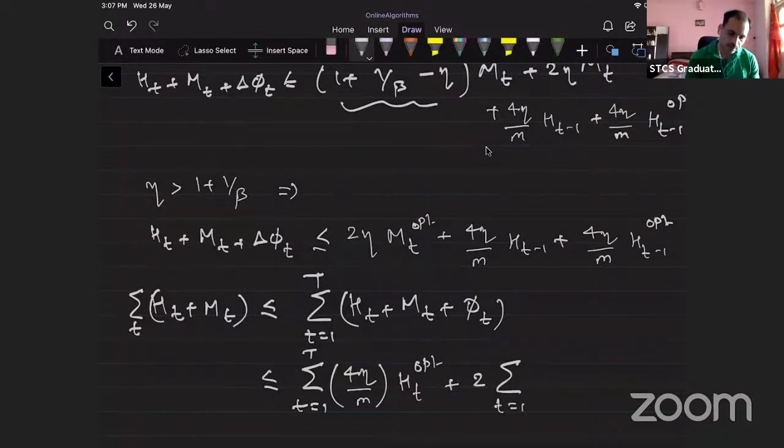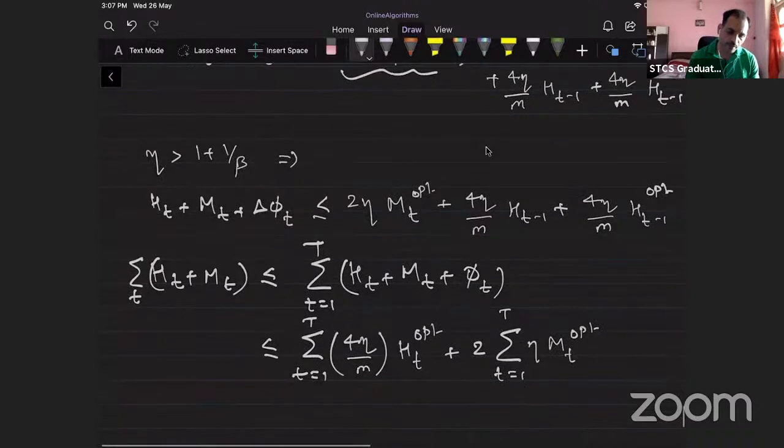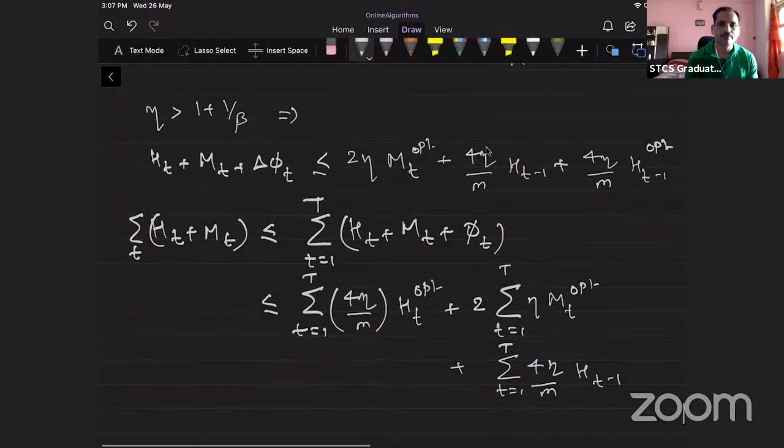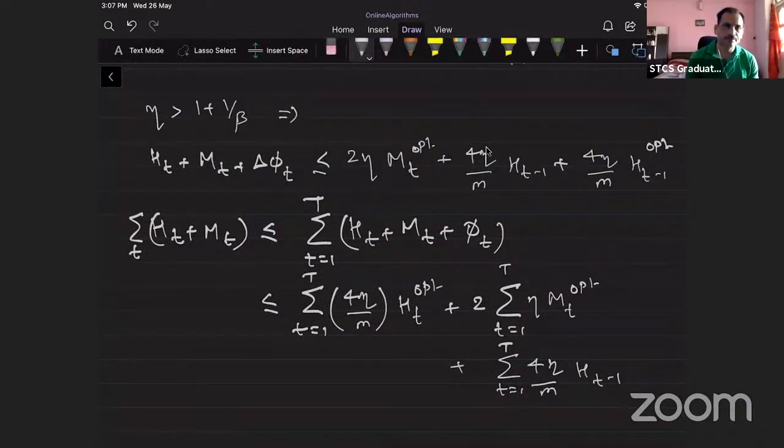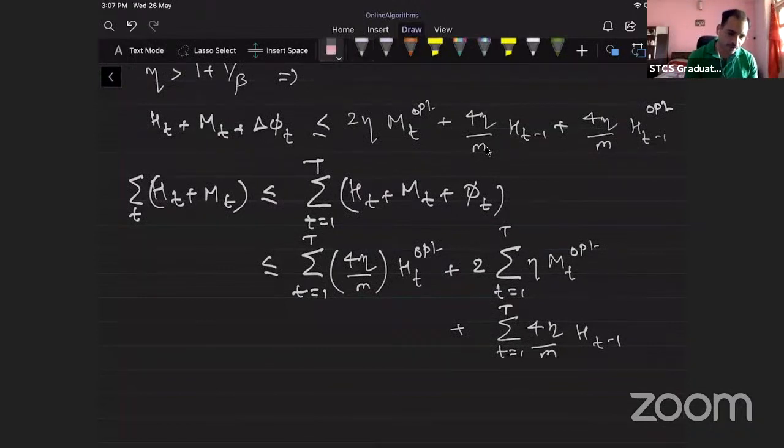Going from 1 to capital T, eta m t opt, and plus going from 1 to capital T, 4 eta by m h t minus 1. So this one should be called h t.